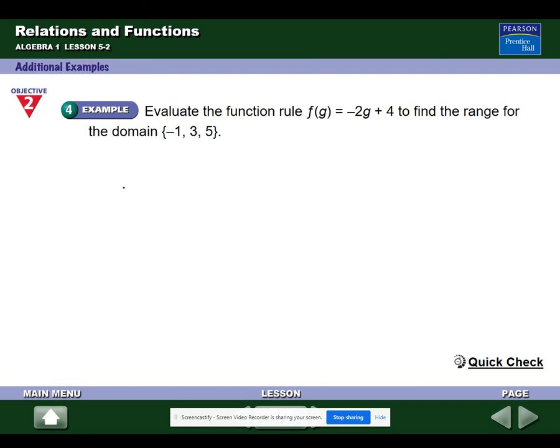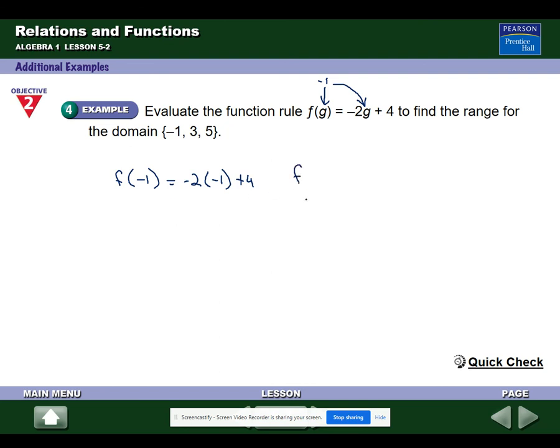Well, here's why. Because you can go f of g, where g is -1, equals -2 times -1 plus 4. You're replacing g with -1 not only there, but also there, right? So you can basically see what your input value is within the dependent variable there.